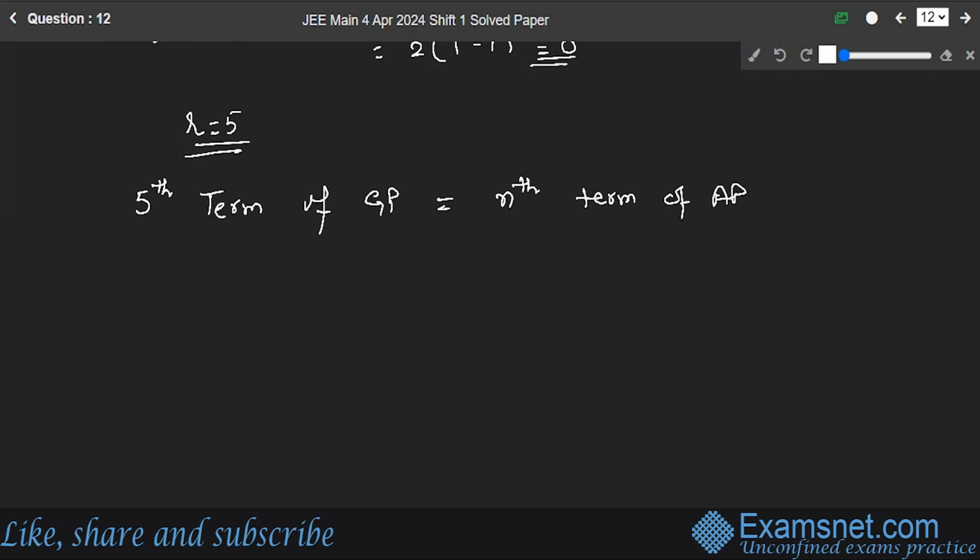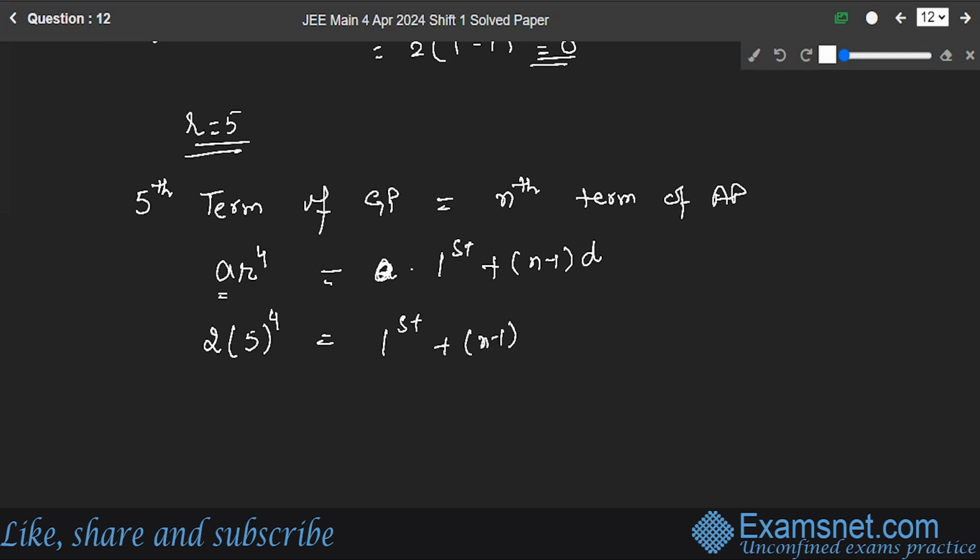The fifth term of the GP is equal to a r to the power 4, and the nth term of the AP is given by the first term plus (n minus 1) into d. Here the first term of the GP was equal to 2, r was 5. First term of the AP, I don't know what the first term of the AP is. Let's find out.